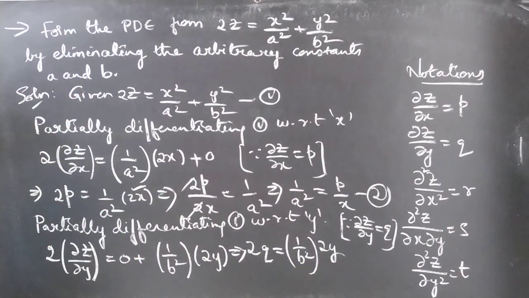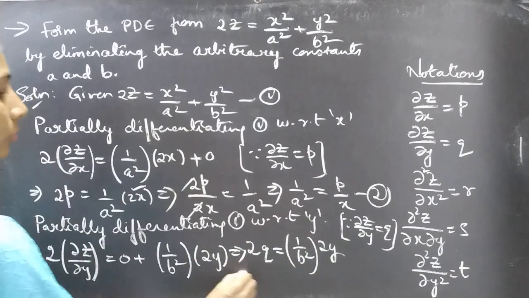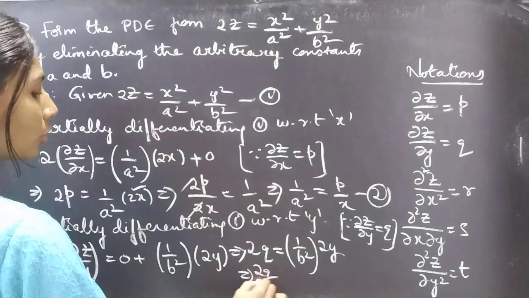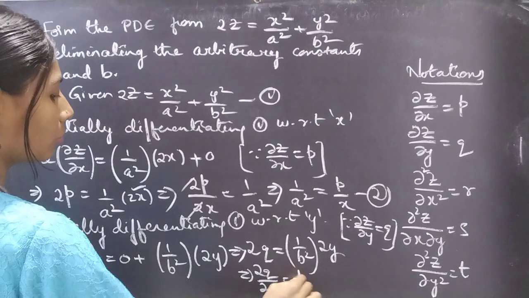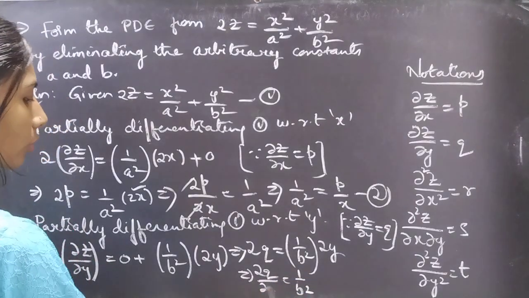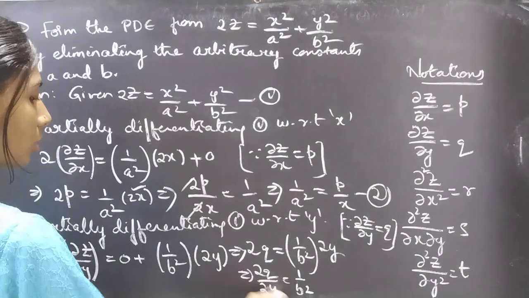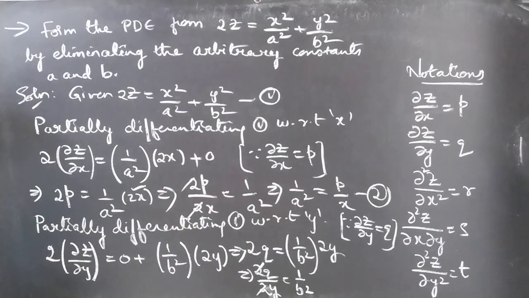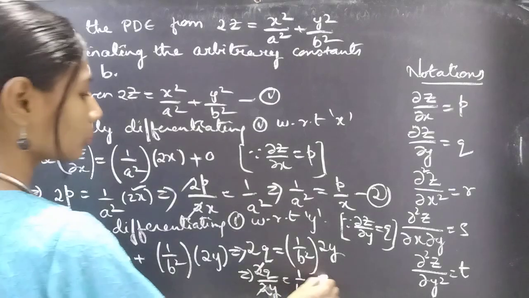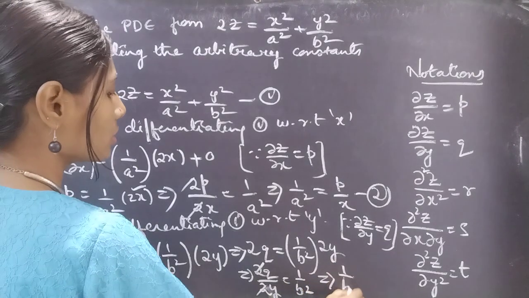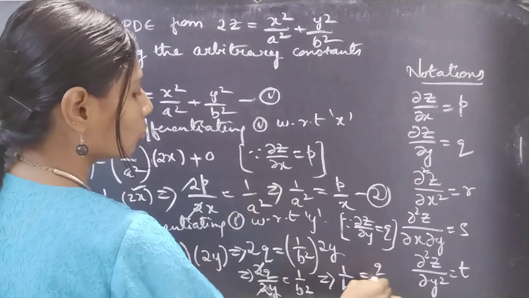Now bring this 2y to the LHS, then you'll get 2q by 2y equal to 1 by b square. 2 gets cancelled and you'll get q by y equal to 1 by b square, or you can write it as 1 by b square equal to q by y.